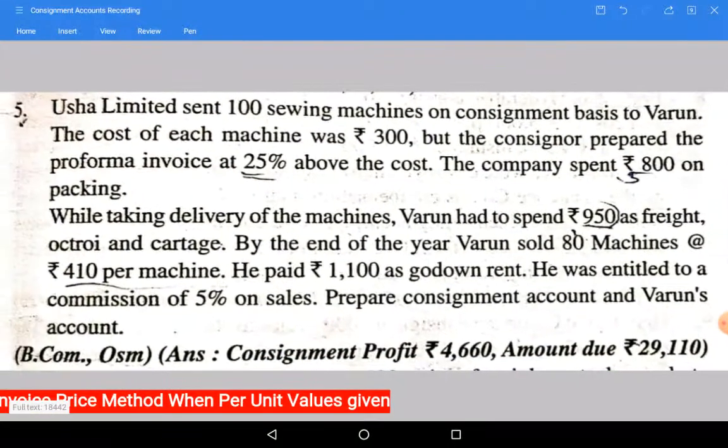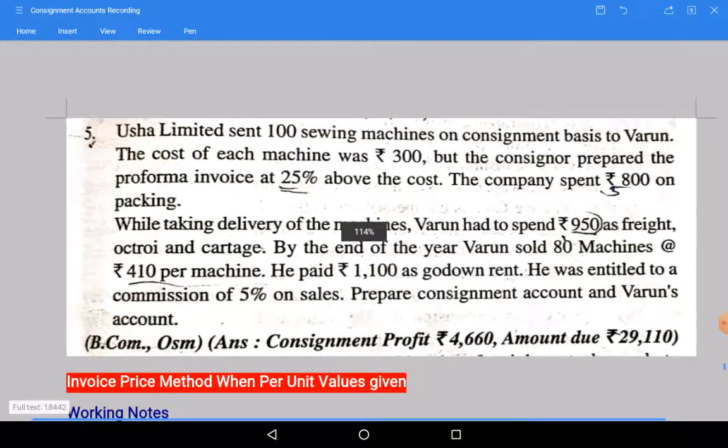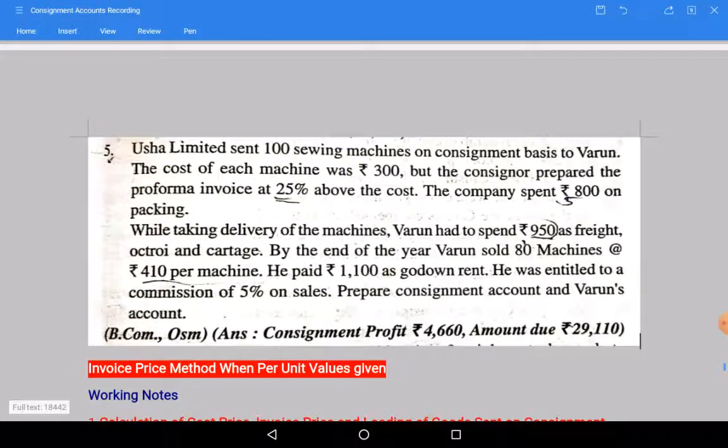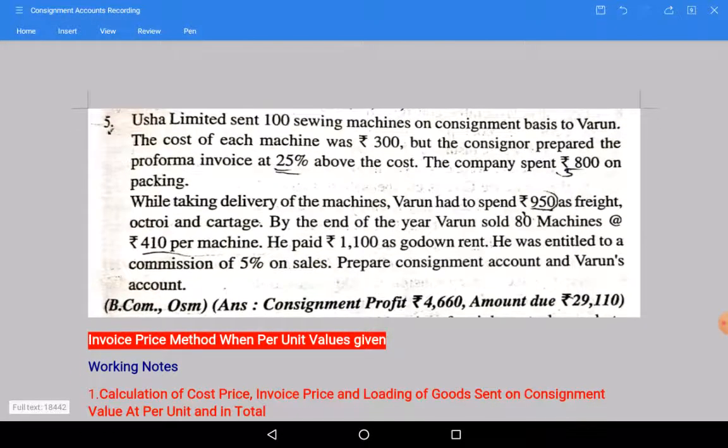Invoice price method problem. We are going to deal with this. Let us see the question, and in this video we are going to see when information is given on a per unit basis.